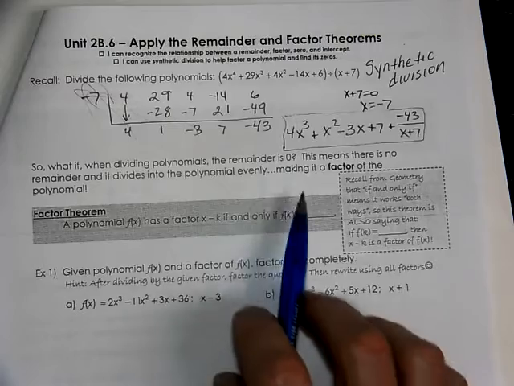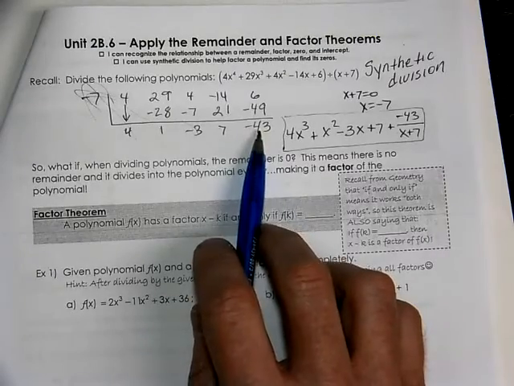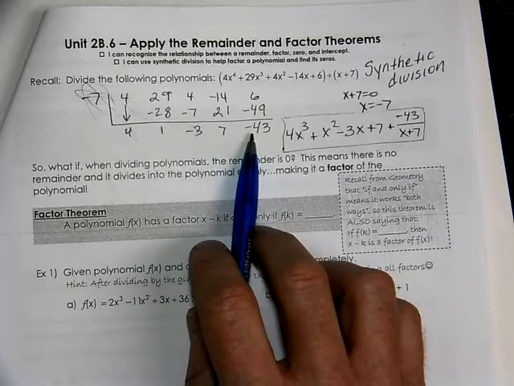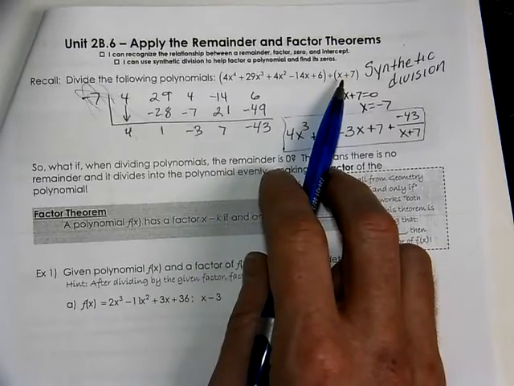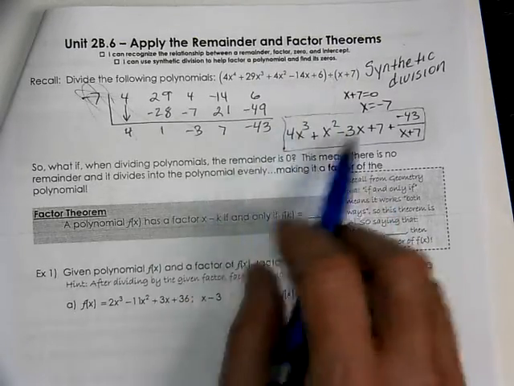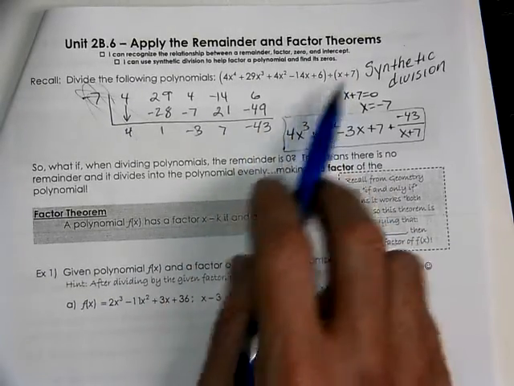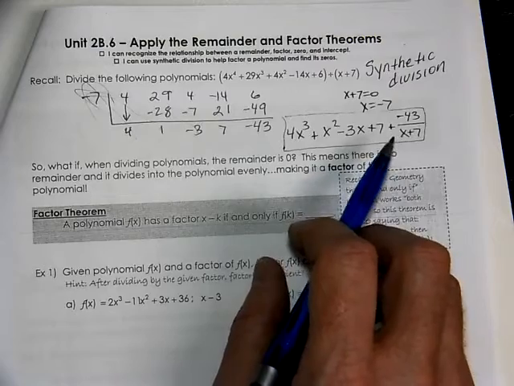So if you can get a 0 at the end of the division, so there's no remainder, then you know the value would be a factor. In this case, we did not get a 0, so x plus 7 is not a factor.